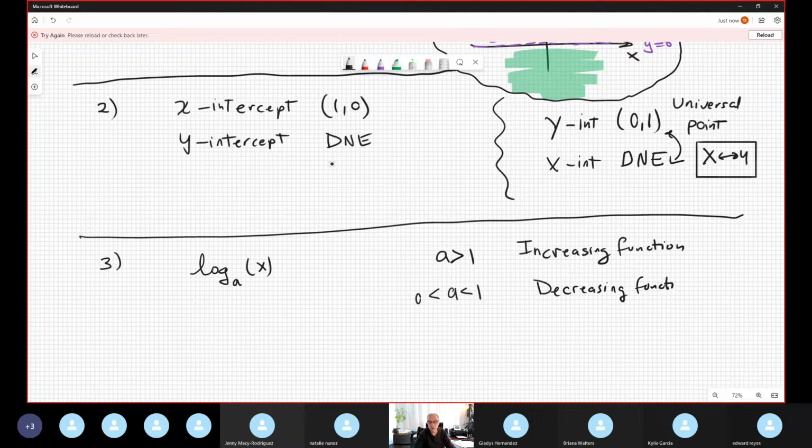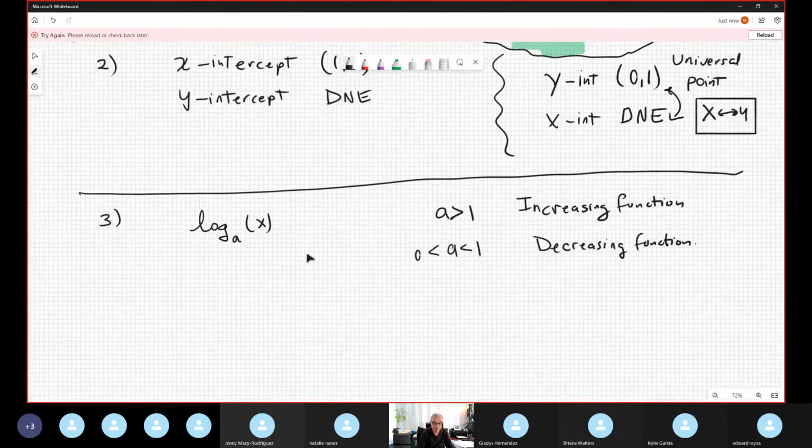I want to take advantage of this moment to explain one idea. In one example we did before, suppose we have logarithm base 1/2 of 4 equals -2.